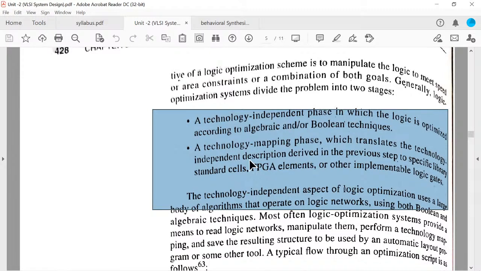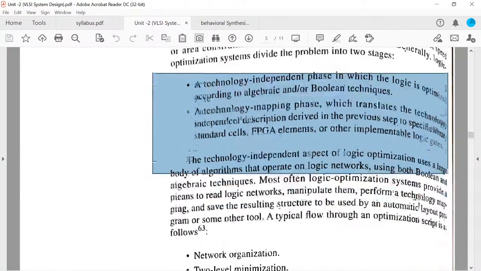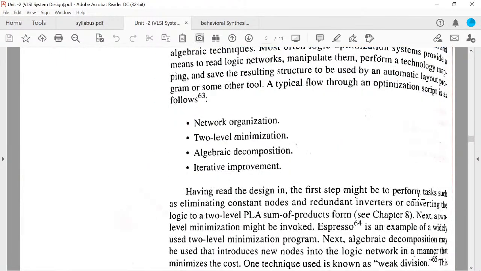And the second one is the technology mapping phase, which translates the technology independent description derived in the previous step to specify library standard cells, FPGA elements, or other implemented logic cells.